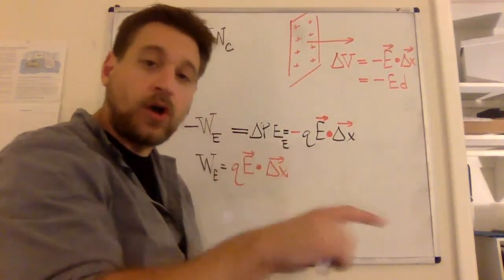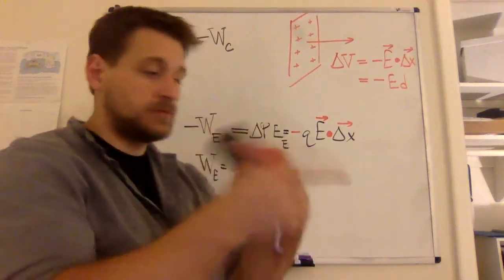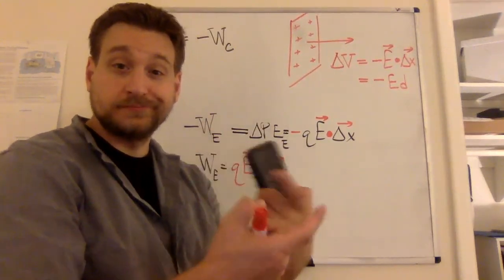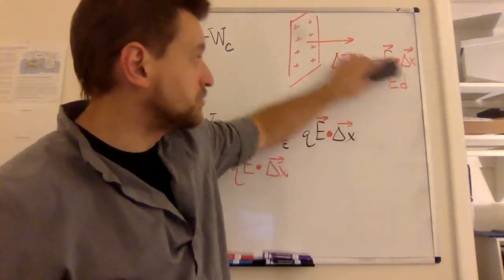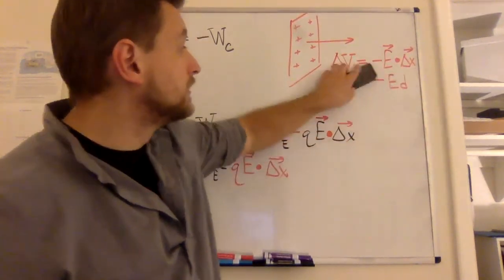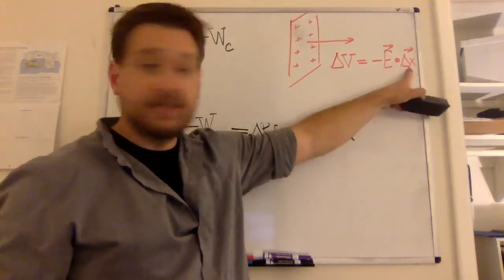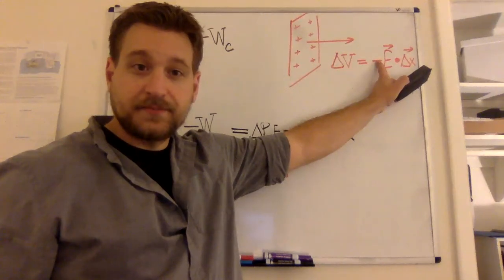As we walk through a displacement D, how is it oriented with respect to the field? This isn't great, but the minus sign is important here. Are we walking away? E dot D is positive, but we need the potential to decrease.